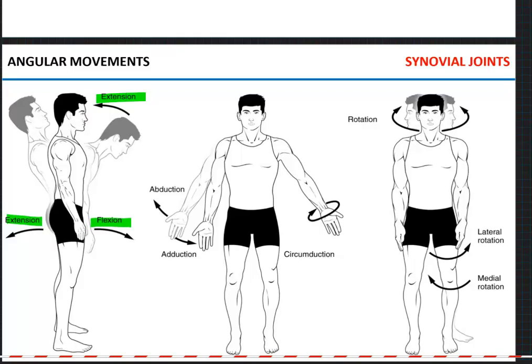Now, let's take a look at the coronal plane. Remember, the plane that separates your body into the ventral and dorsal compartments. So when you are doing lateral raises, like you pretend that you're a bird, when you spread your wings, so to say, you abduct your arms away.